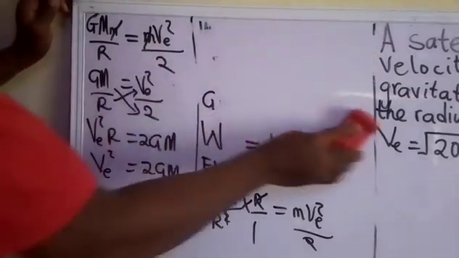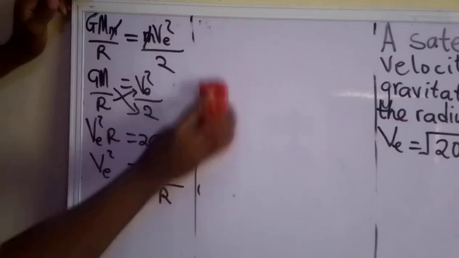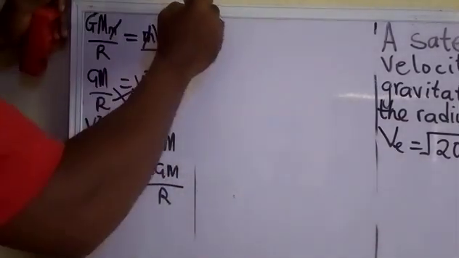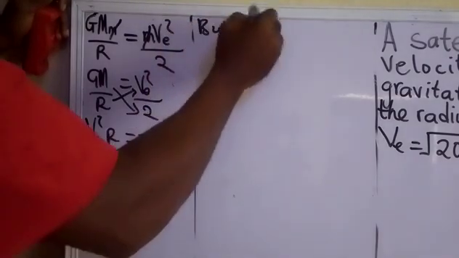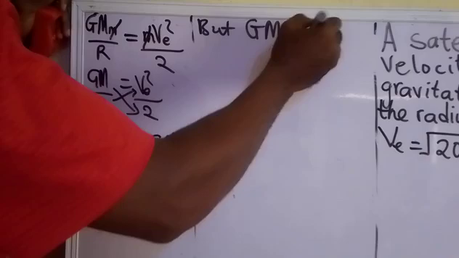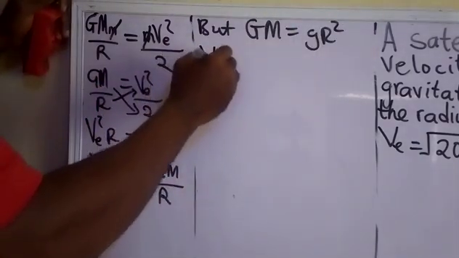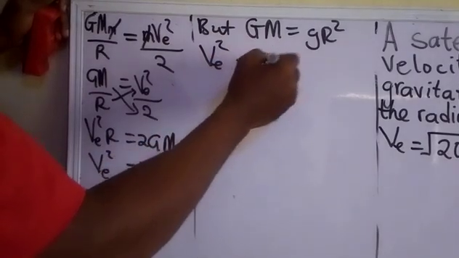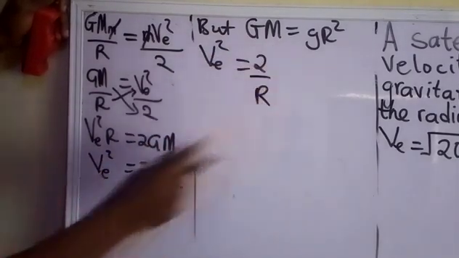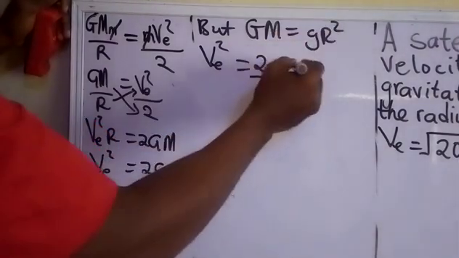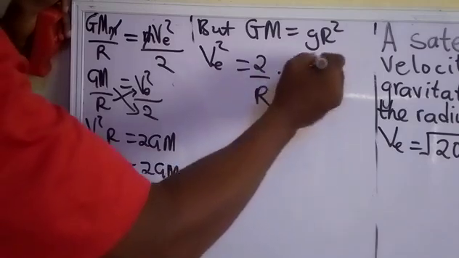Okay, I hope you are getting what I'm doing. Okay, let's assume I just got that. But we know the capital G, capital M product is gR squared. So we can say v_e squared is equal to 2 over R. Now this product GM, I'm going to write it here as gR squared.